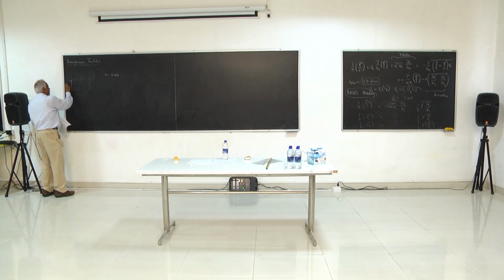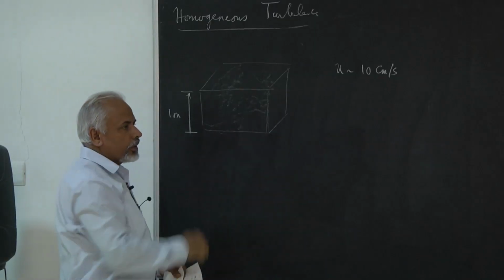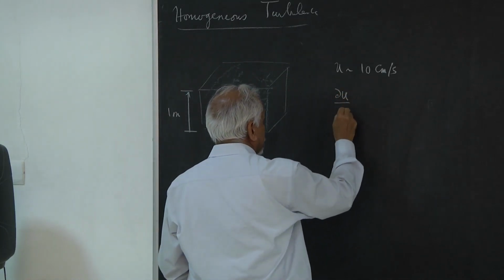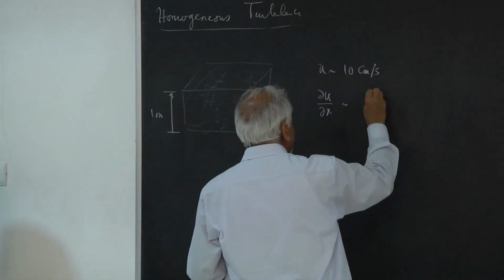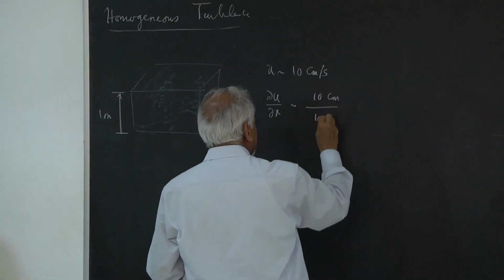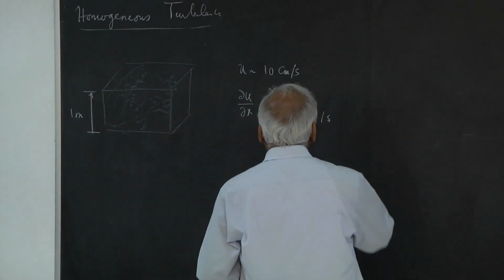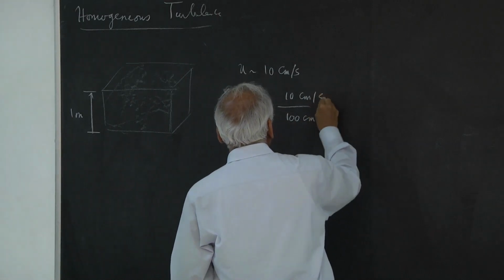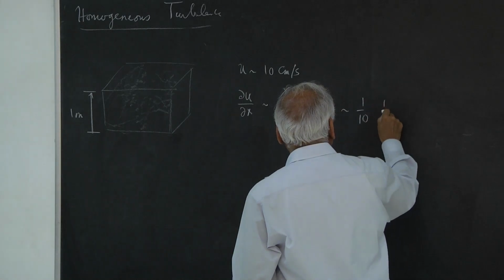And let's say this is 1 meter, for the heck of it, a 1 meter cube. You might say the velocity gradient, du/dx, would be of the order 10 centimeters per 100 centimeters per second. Excuse me, I got it all wrong. Centimeters per second, yeah. So it's 1/10 per second.